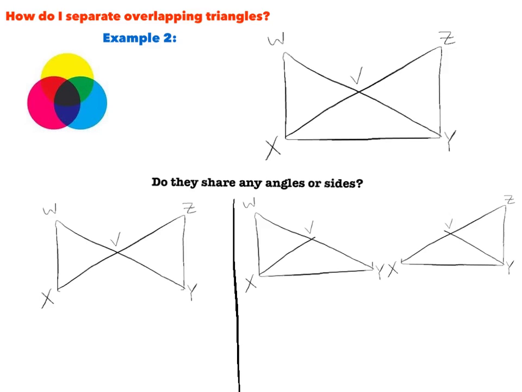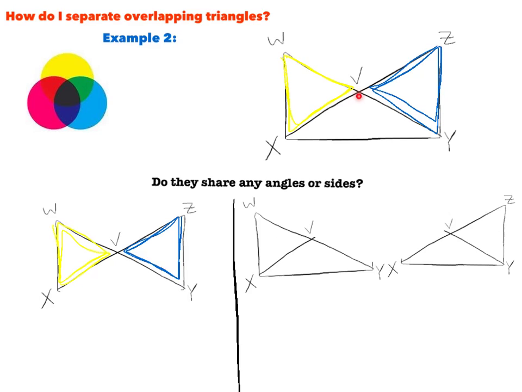Now, what we're going to do is grab some colors here. I'm going to start with my yellow color and highlight triangle WXV, and then my next triangle, ZVY, and I'm looking for, does this yellow and dark blue overlap?